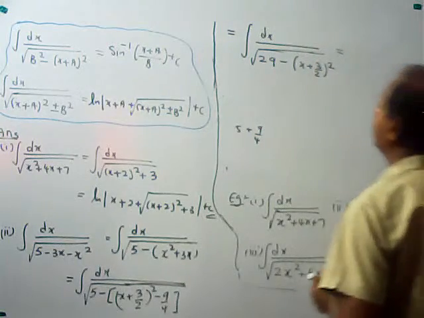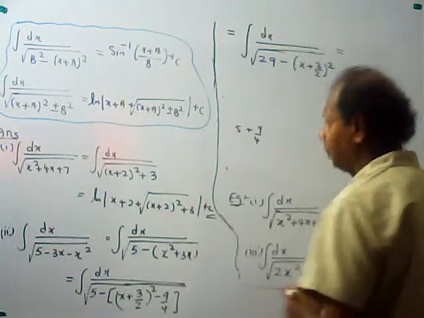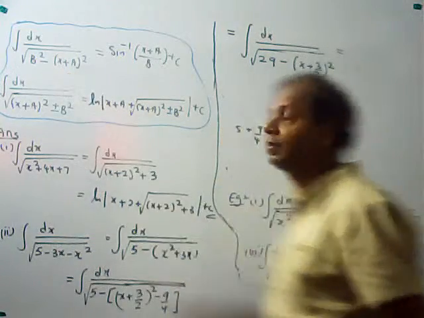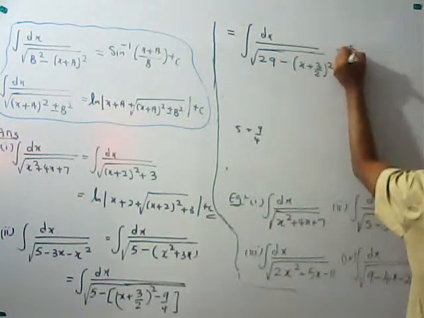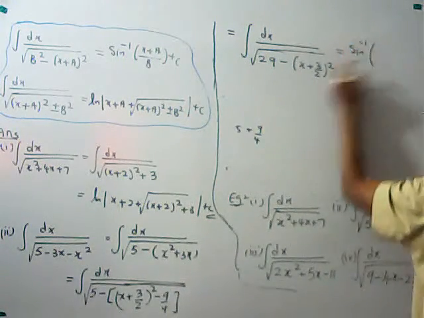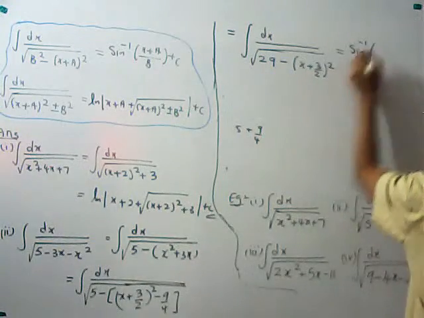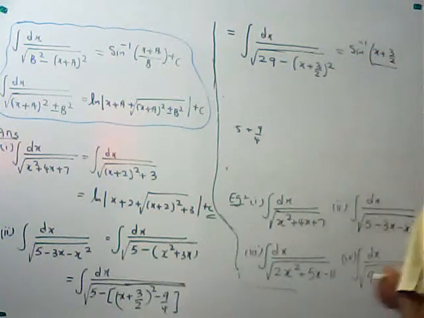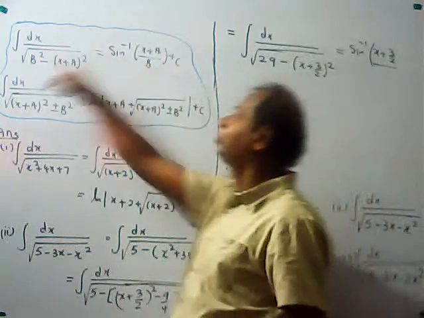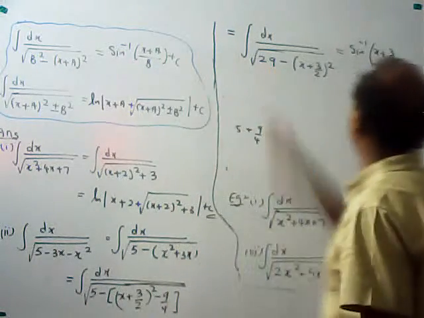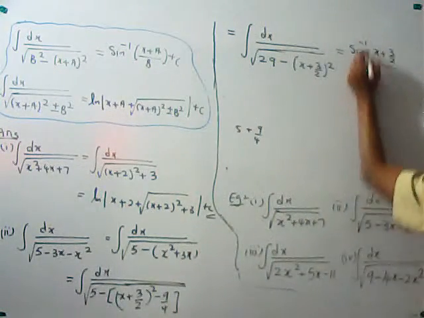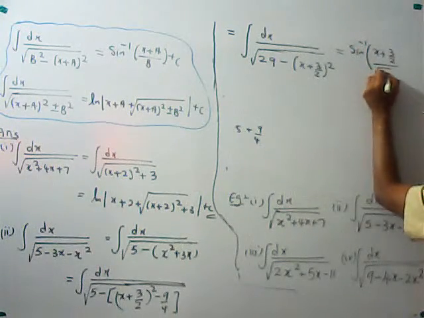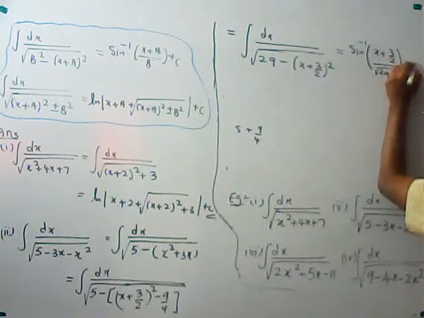Now it is the sin inverse form. The answer is sin inverse of (x plus a), that's x plus 3 over 2, divided by b. So b squared is 29 over 4, so b has to be square root of 29 over 2, plus c.